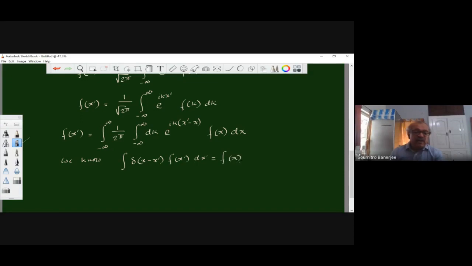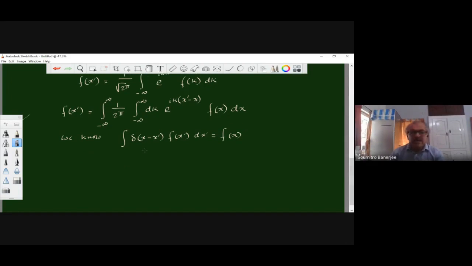Okay, so this is what we wrote in the last class, and by reversing we can also write this leads to integral delta x prime minus x, f x in place of x prime, we are writing x here.